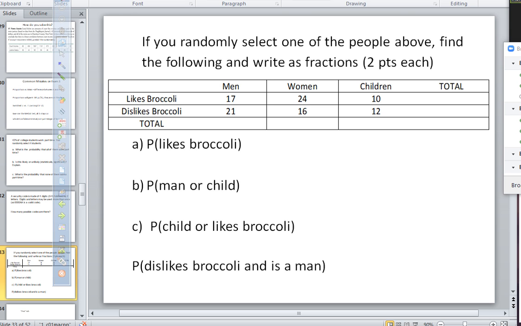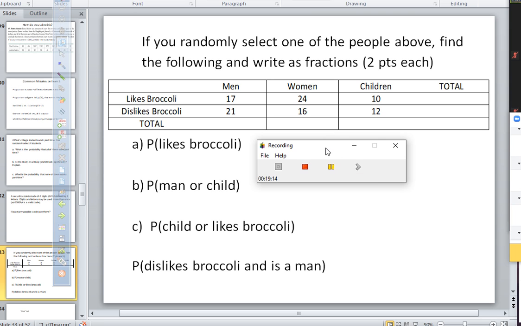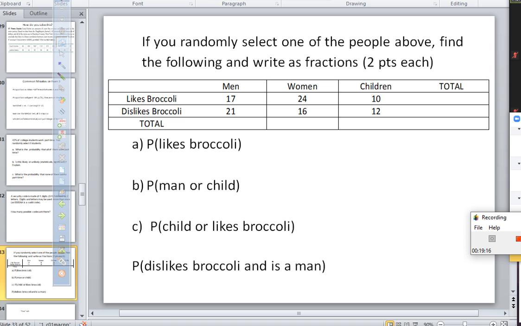Let me go and stop it. So what do you guys think? Is it better to have this shorter 15-second closing time once I close the breakout rooms?